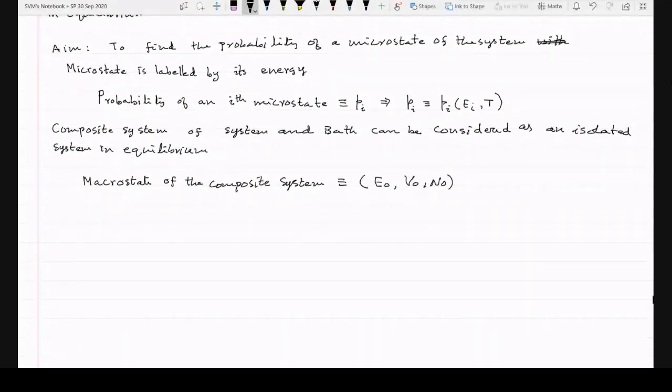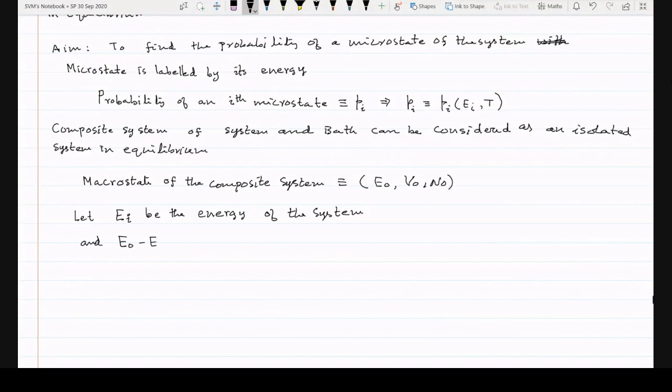Now, let E_i be the energy of the system, and then E0 minus E_i is the energy of the bath, because the total energy has to be E0.